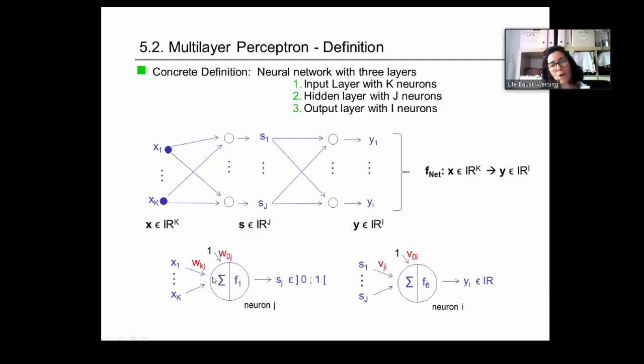And we have our integration, and in the hidden neuron we apply the sigmoid activation function f1. So the outputs of the neurons in the hidden layer are real numbers in the open interval between 0 and 1, because that's the range of the sigmoid transfer function.